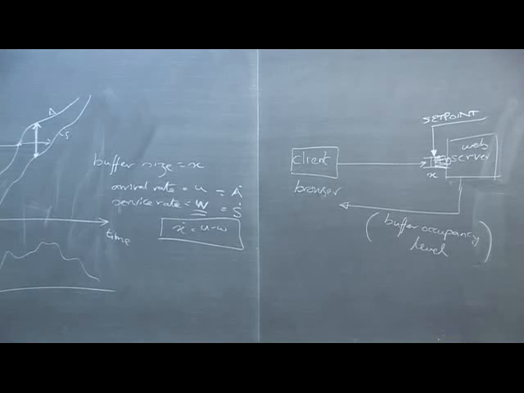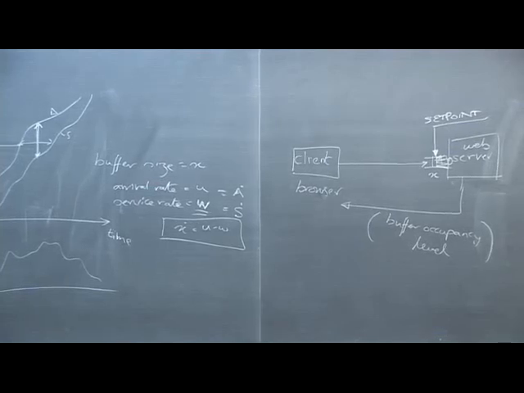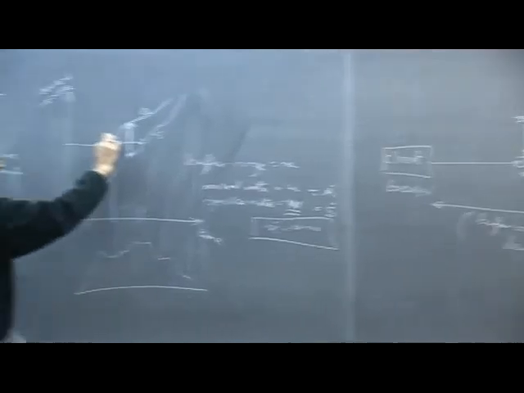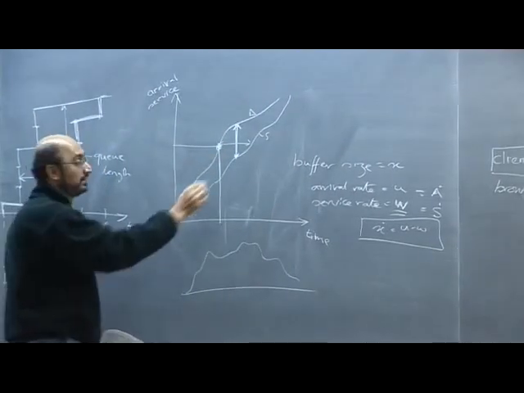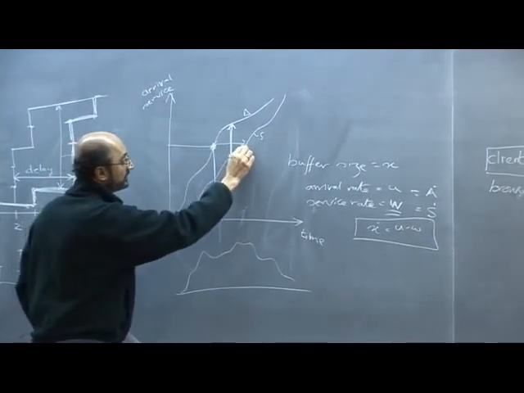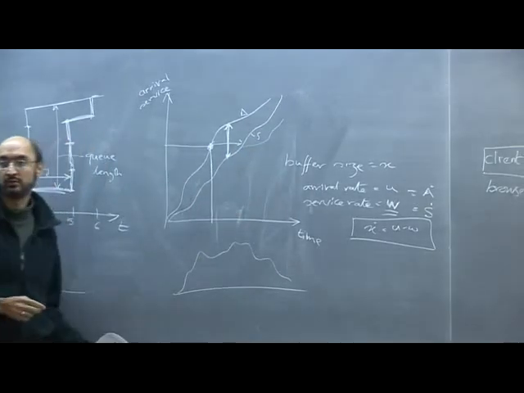The thing is that although the amount of work that needs to be done is deterministic, as you said, the client doesn't know what that amount of work is at any point in time. So if I take this point in time, the client has sent this many arrivals. It doesn't know whether the service curve is here or it's going to be like that. It doesn't know what the future is.